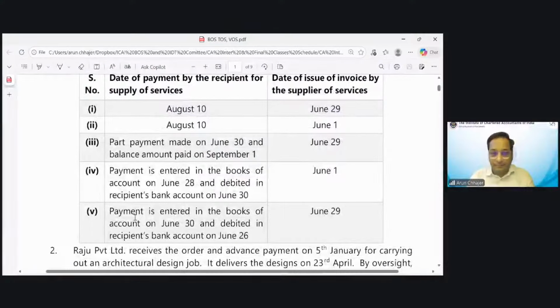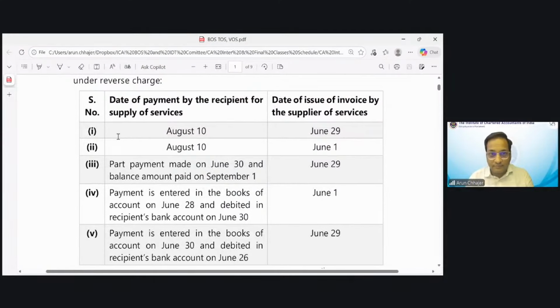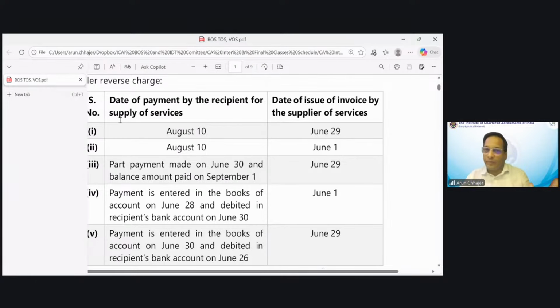But sir, in the book there was no such concept. We will open the study material also. Let me solve this case study first and then we will open that study material.